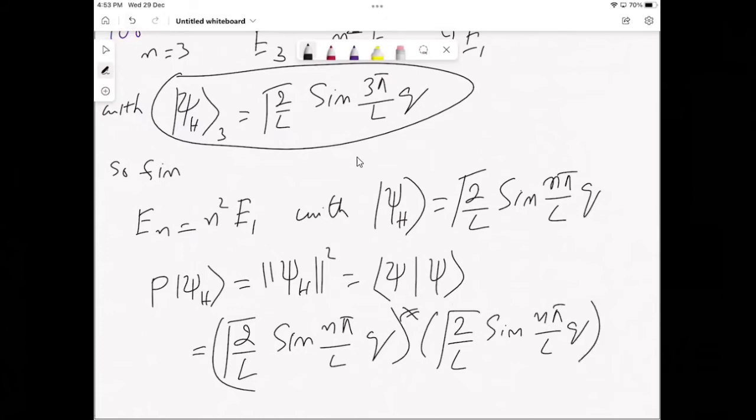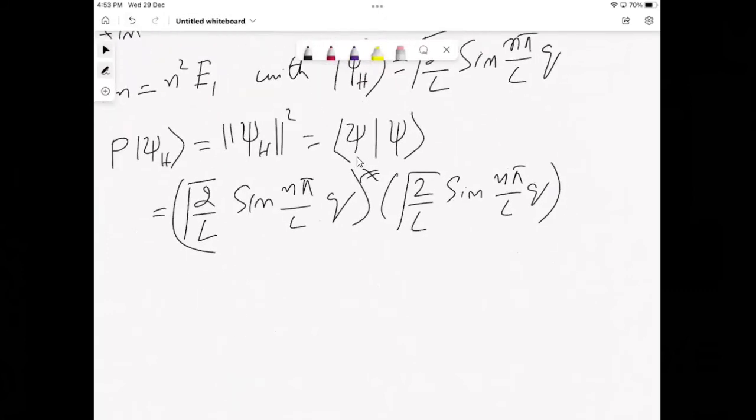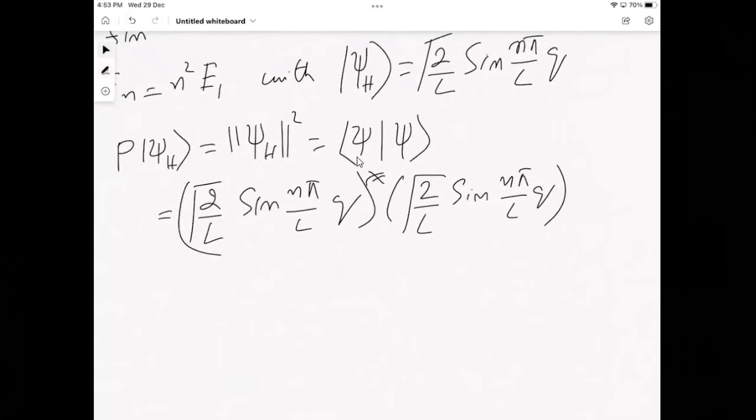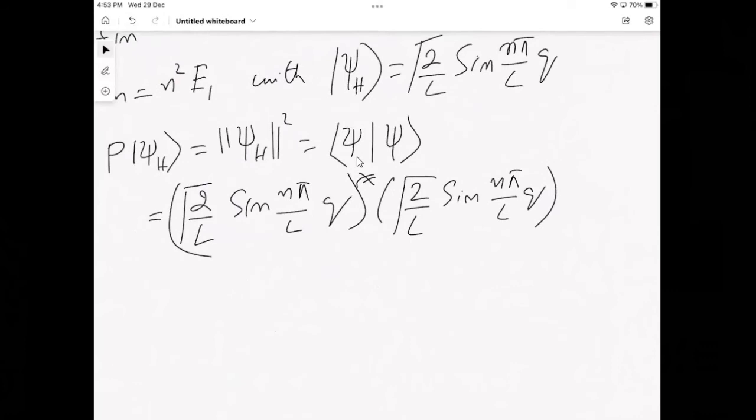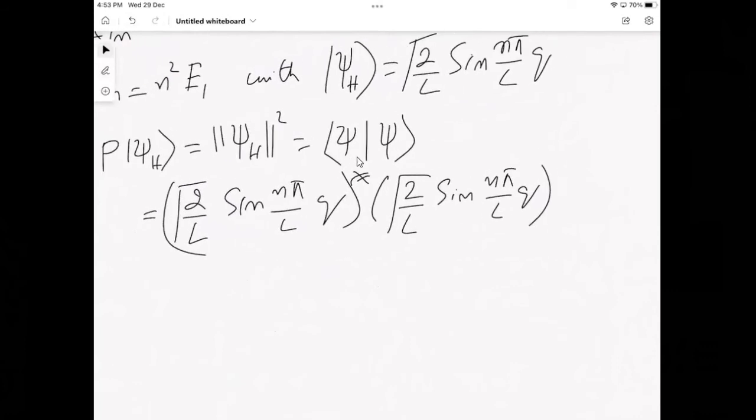As this is a real number, taking the complex conjugate will not affect it.